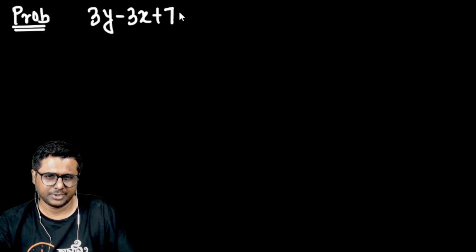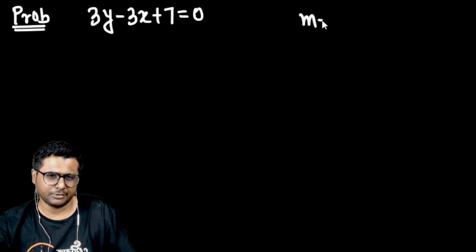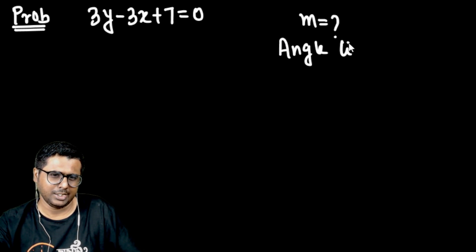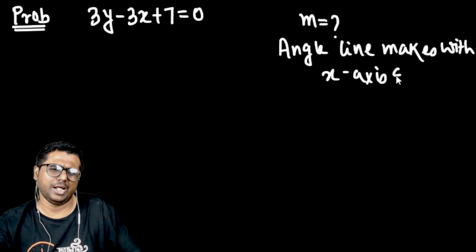Problem. Slope intercept concept problem. Equation of a line is 3y minus 3x plus 7 is equal to 0. Find the slope, and also find the angle the line makes with the x axis and the y axis.